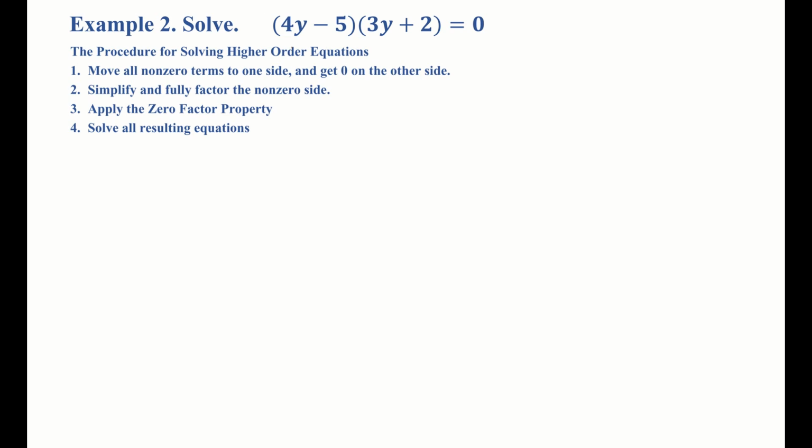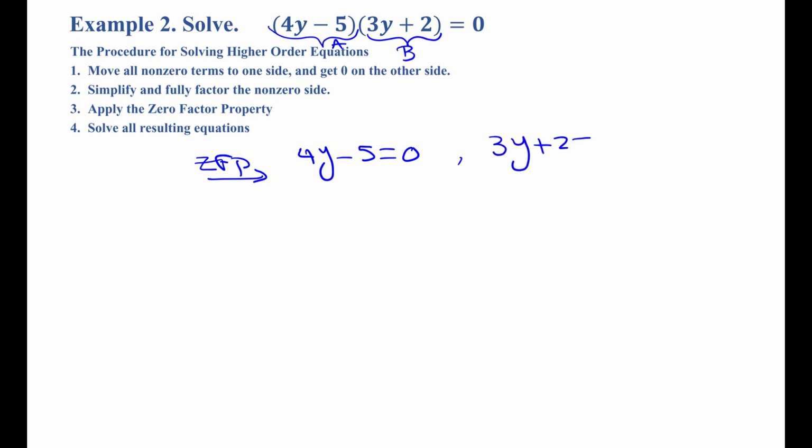Again, you can think of this expression as A, and this expression as B. So by the zero factor property, either 4y minus 5 is 0, or 3y plus 2 equals 0.